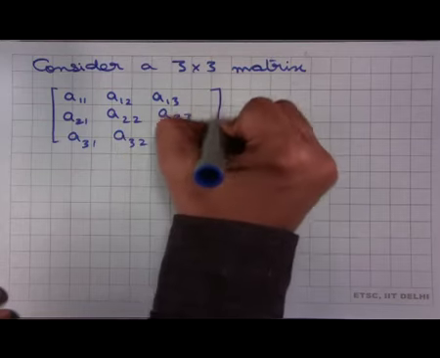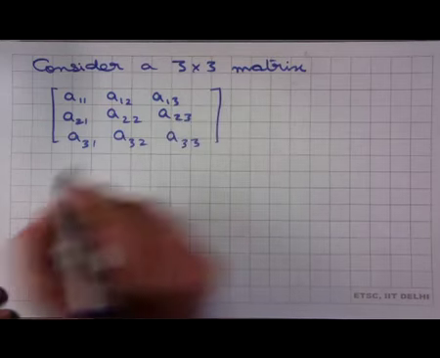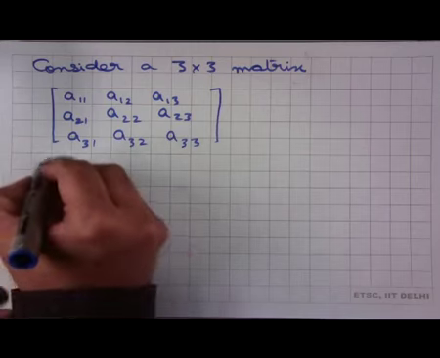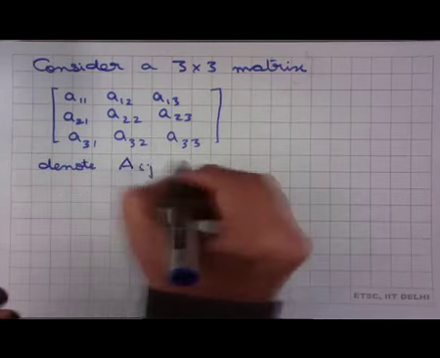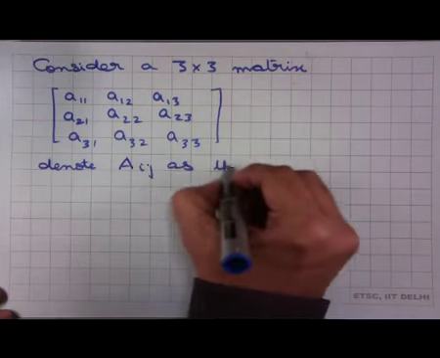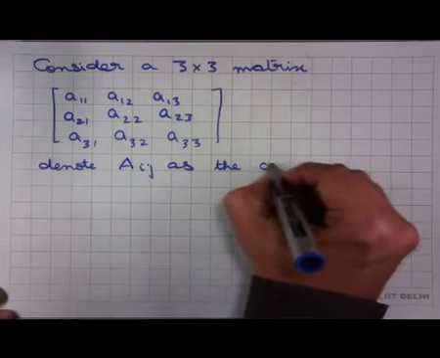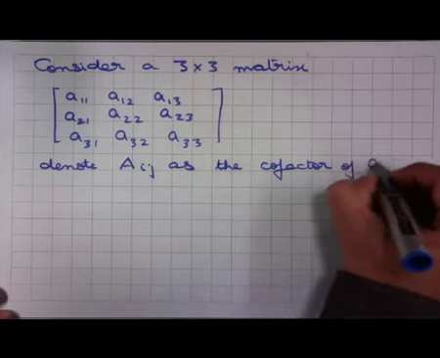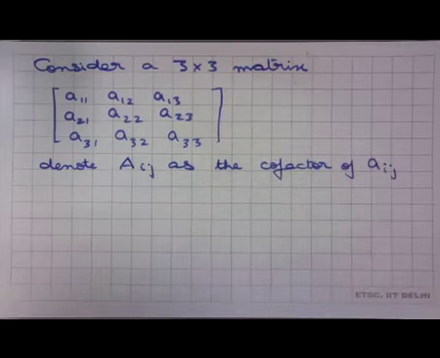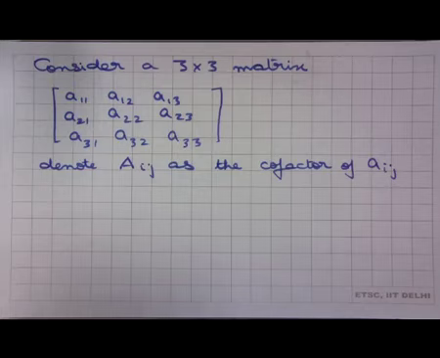All right. Now, the idea is that we denote capital Aij as the cofactor of the element Aij, where i and j are the indices for rows and columns respectively.